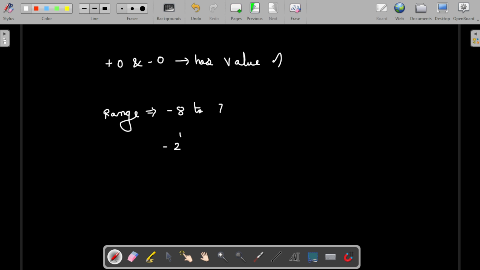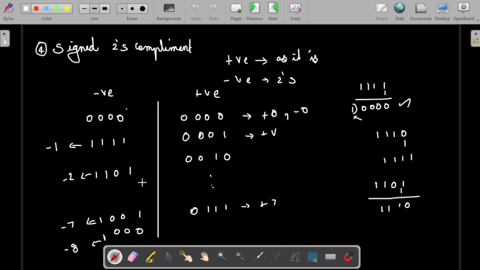This is because it is minus 2 power n minus 1 to 2 power n minus 1 minus 1. Why is this? Because 0 has the same representation, one extra number can be represented. Here we can represent up to 7, because 3 bits can represent up to 8 numbers, right? That is what we are taking advantage of here.